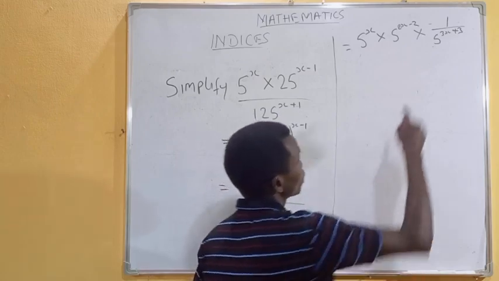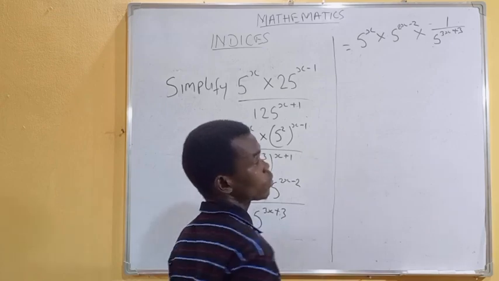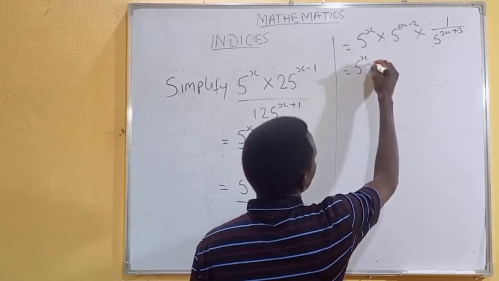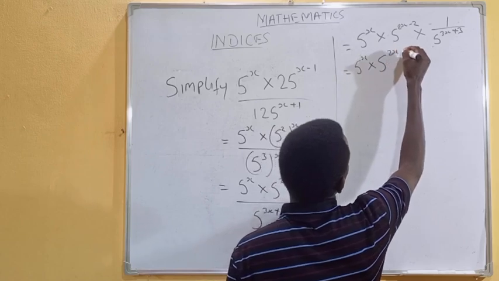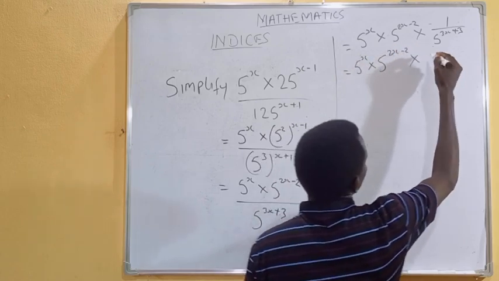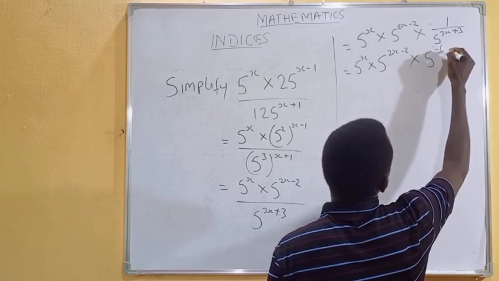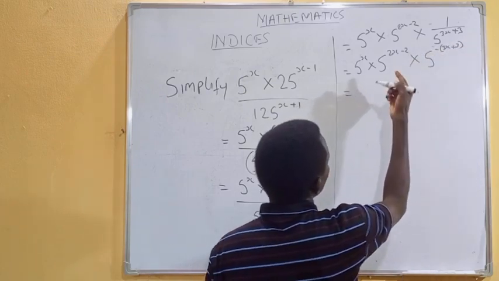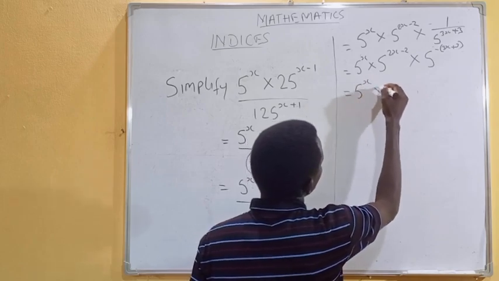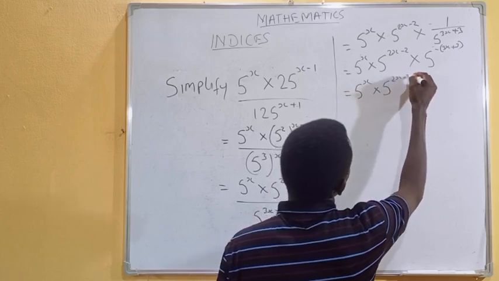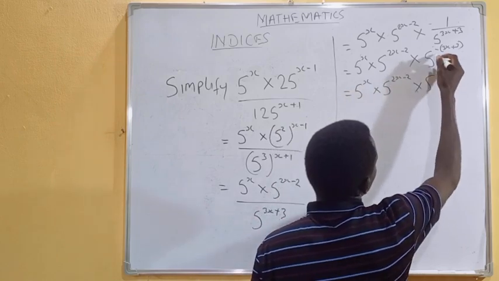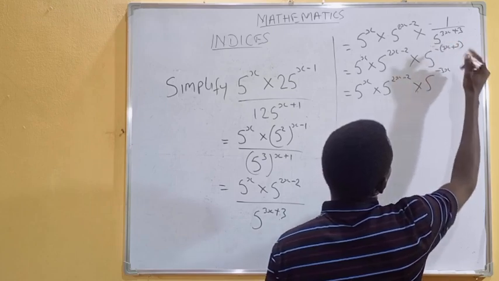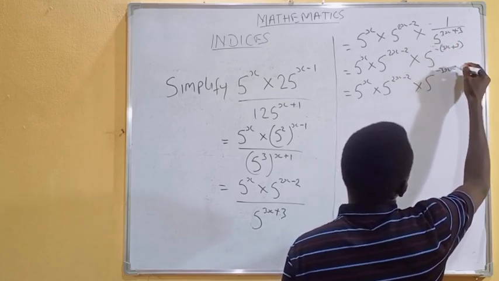So, from this reciprocal, we can change it to a negative index. It will now be 5 raised to power s times 5 raised to power 2s minus 2, times 5 raised to power minus 3s minus 3, which is minus 3s, then minus times plus 3 will be minus 3.